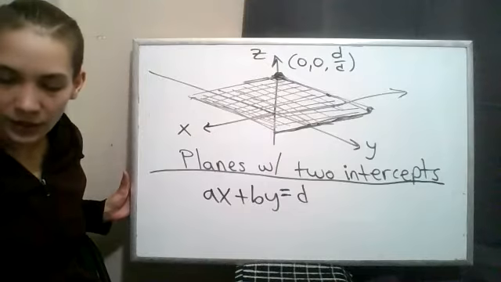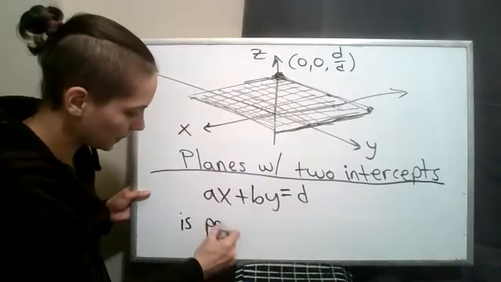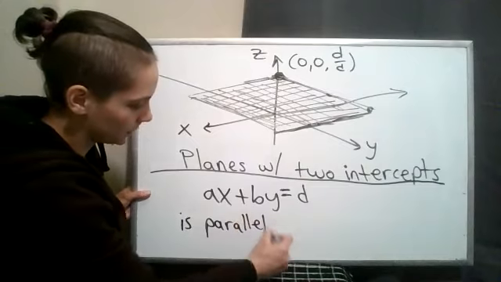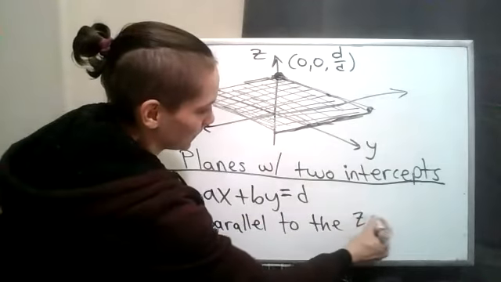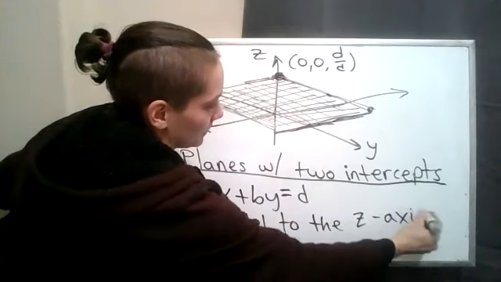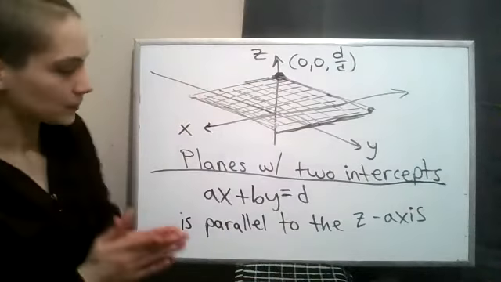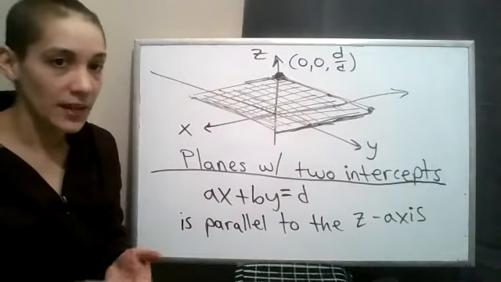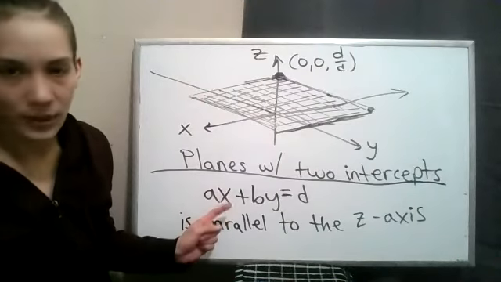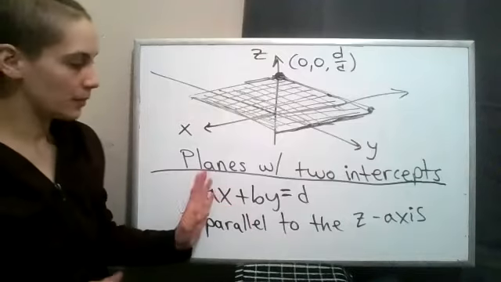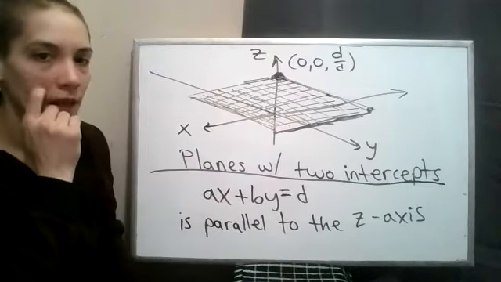This is parallel to the z-axis. We've already covered how to find the x and y intercepts. I might do it just once for this graph, but from now on, I'm just going to tell you what they are and use them as part of our sketch.